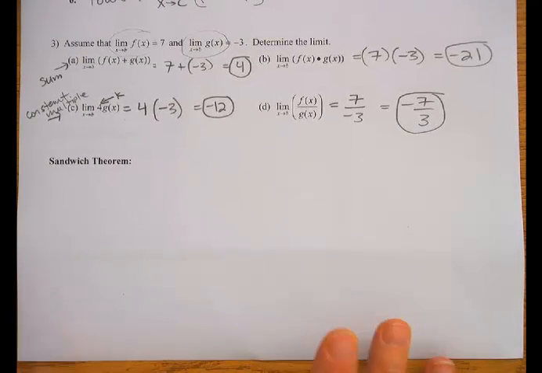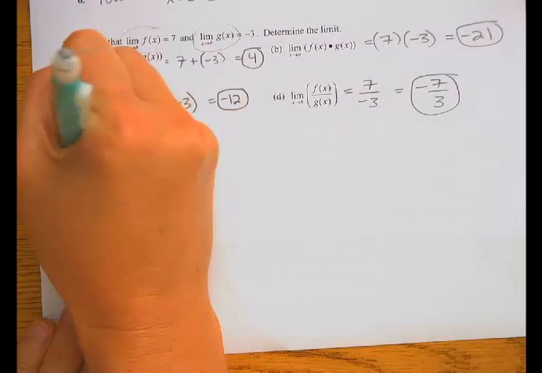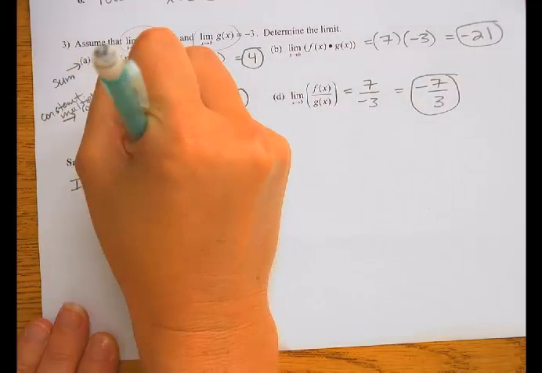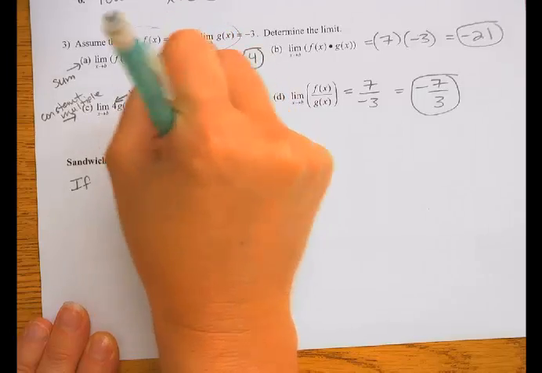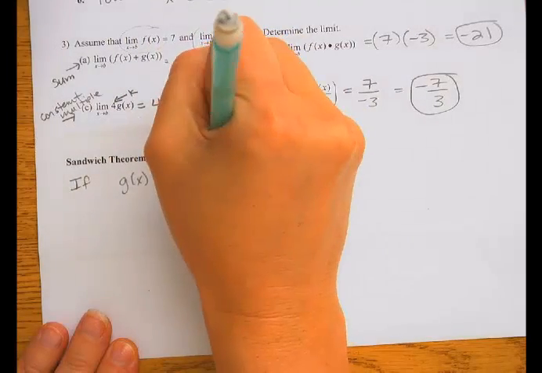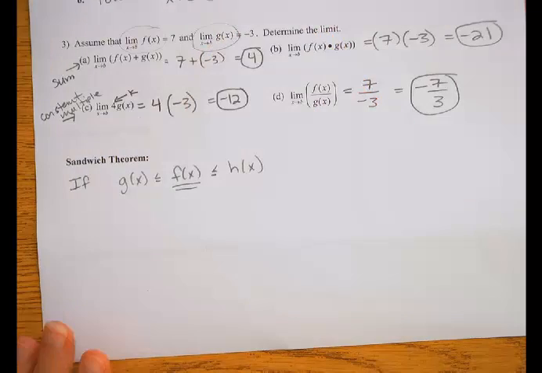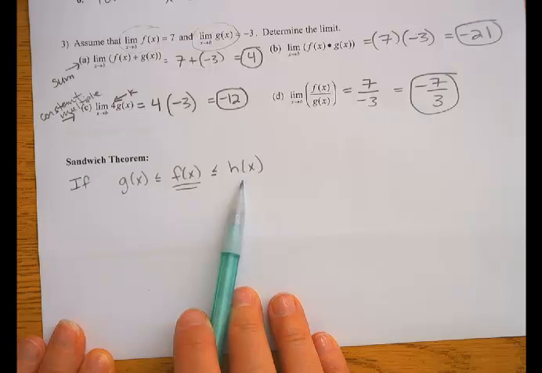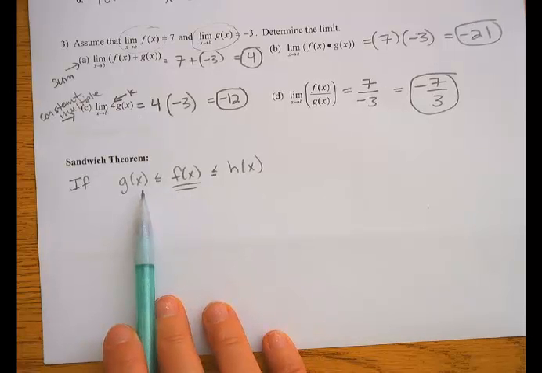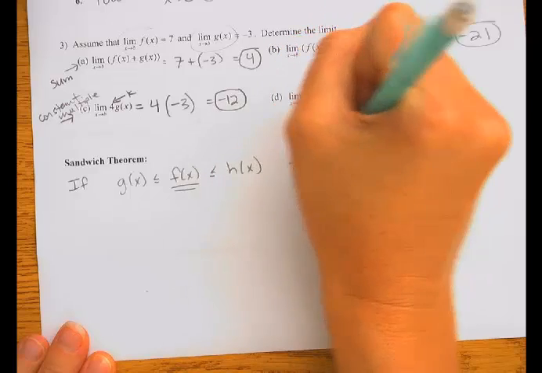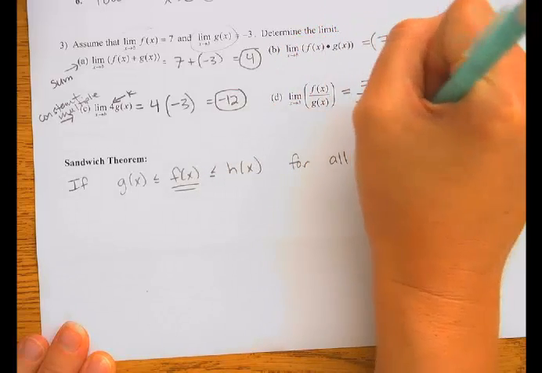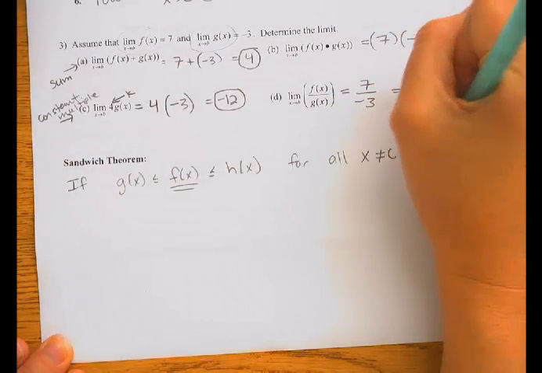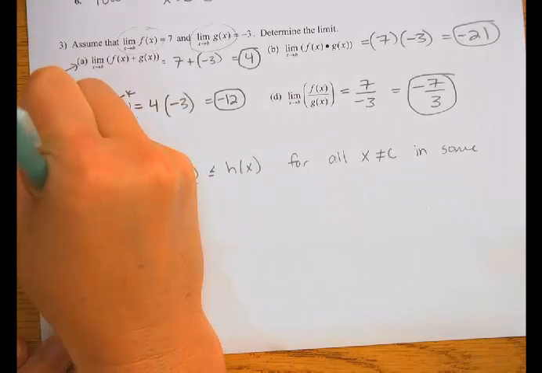And so what that theorem states is the following. So if you have 3 separate functions, but I want you to pay attention to the one in the middle. That's kind of the one we're finding the limit of, where this function is consistently less than the h of x function and consistently greater than the g of x function for all x, excluding c, we'll just exclude that one, on some interval around c.